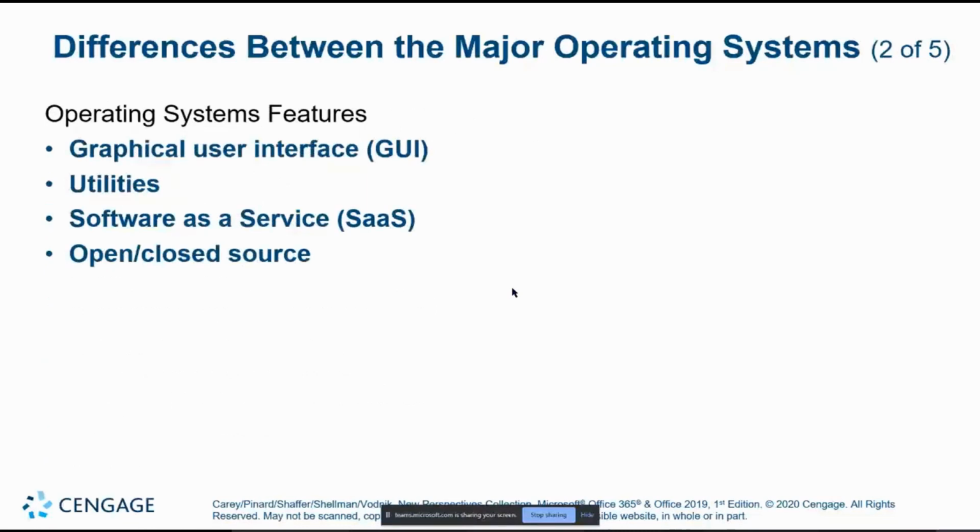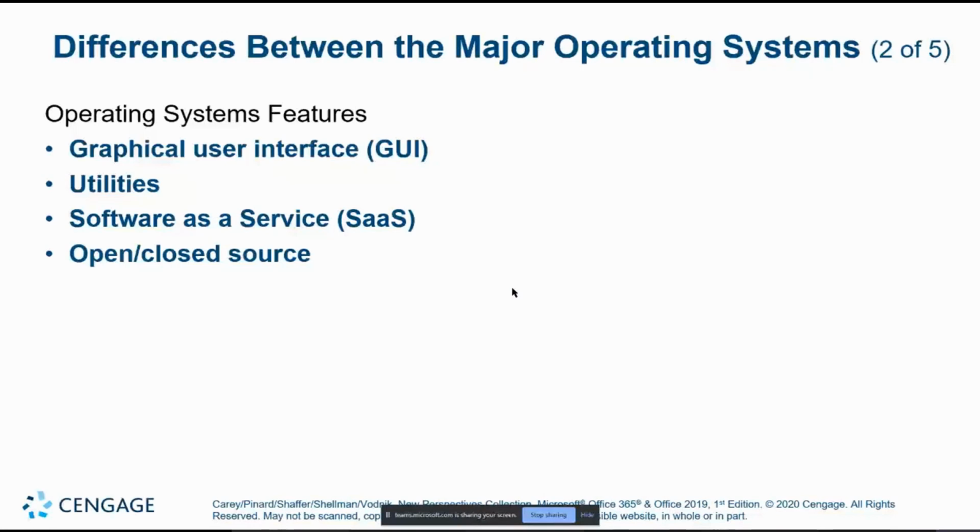Some important features, some terms you'll probably hear floated around. Graphical user interface, or GUI. This is pretty much what you see on your computer. This is windows, buttons, menus, images, videos, all of that good stuff.